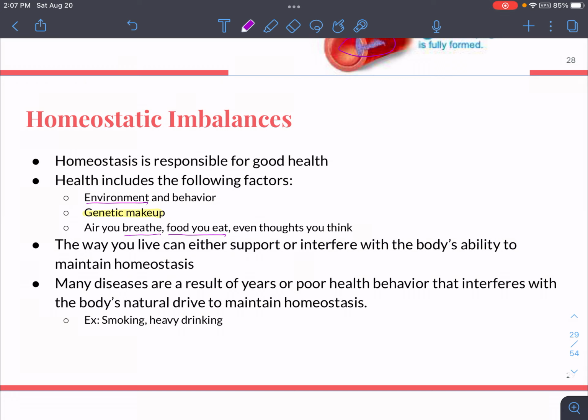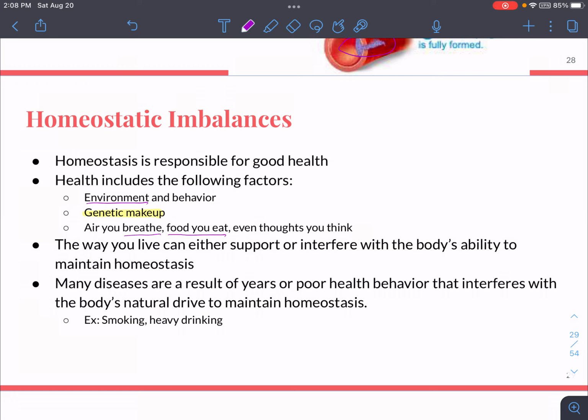So the way you live can either support or interfere with your body's ability to maintain homeostasis. So getting enough sleep, eating healthy foods, breathing clean air, thinking happy, good thoughts, help maintain that homeostasis.